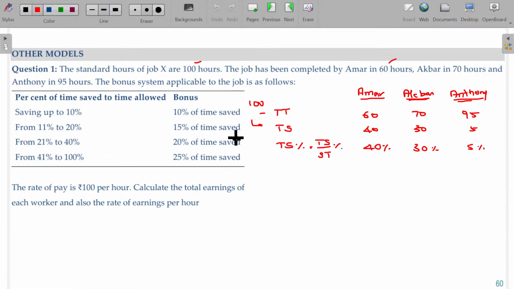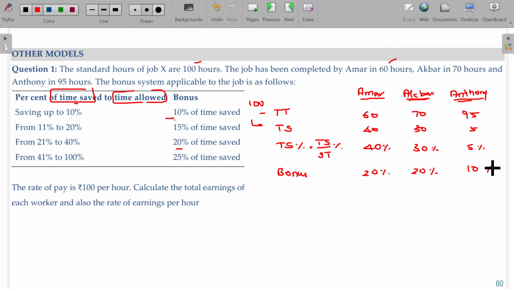In this case, incentive bonus will be given based on what? Percentage of time saved to time allowed. Here 40%, naturally 20% bonus will be given, and Akbar 30, then also he will get 20%. 5% savings, up to 10%, will be 10% of the bonus. Clear?